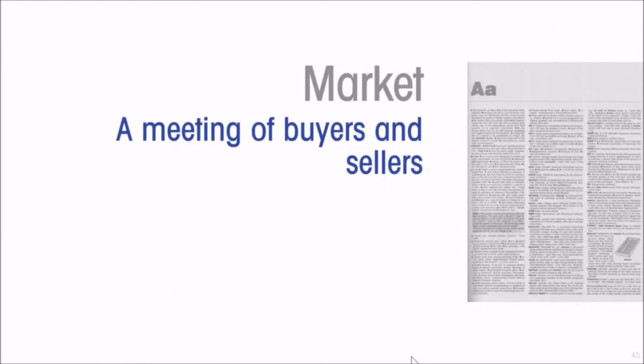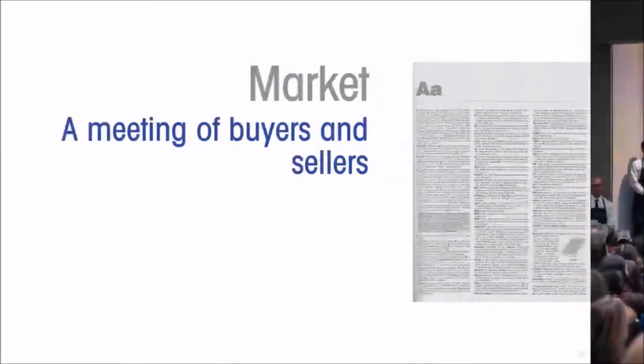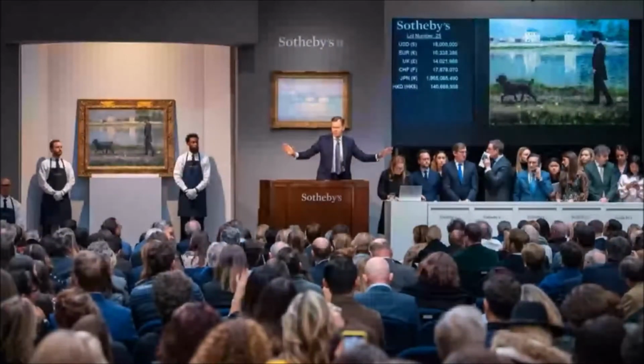Well, to answer that question, let's start by trying to understand and define a market. A market is a meeting of buyers and sellers. Any kind of meeting of buyers and sellers. That meeting can be in the same place.